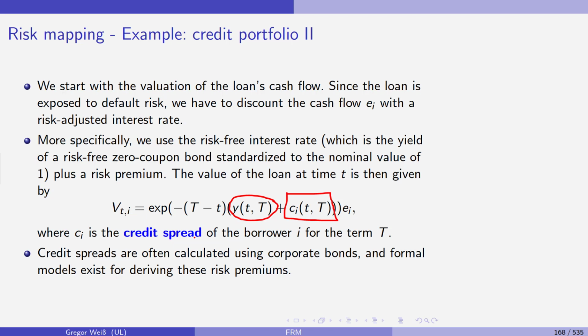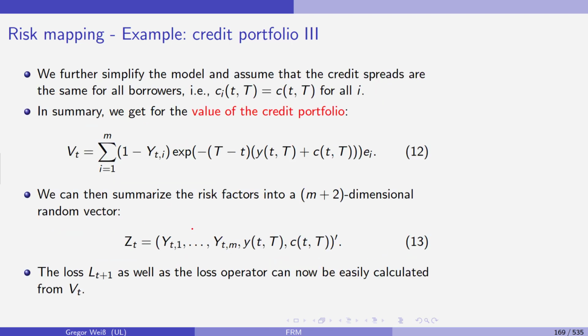These risk spreads, those credit spreads, are often calculated using corporate bonds, and we have more formal models that are used to derive those risk premiums. But for now it suffices to say that we use the risk-free rate plus a credit spread on top. Further, we simplify the model and assume that all the loans have the same risk premium, that all the credit spreads are equal.